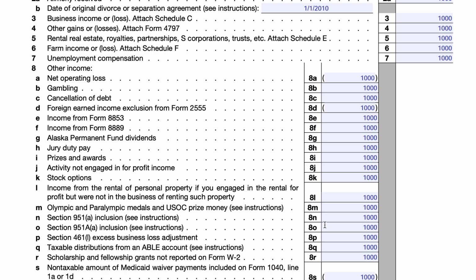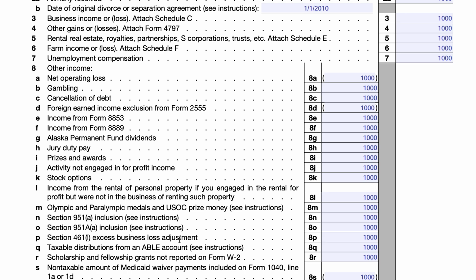Section 951A exclusion or inclusion. This pertains to controlled foreign corporations. So my guess is that you either know about this or this does not apply to you. But if it does apply to you, then you would be entering amounts from IRS Form 5471. And our article has a little bit more detail on that. And then line 8O is the section 951A inclusion.